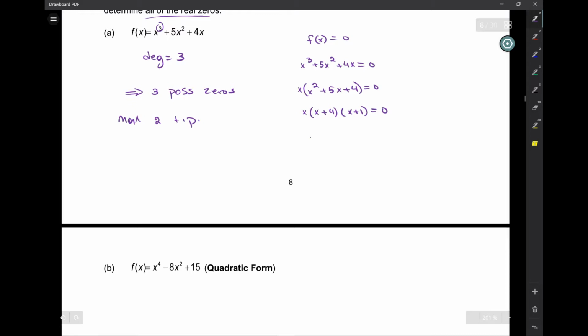So what's x equal to? Right? So you see that it does indeed have 3 real zeros. So this is how we're going to figure out all the zeros. And then with this, you'll also come up with imaginary ones and so on.